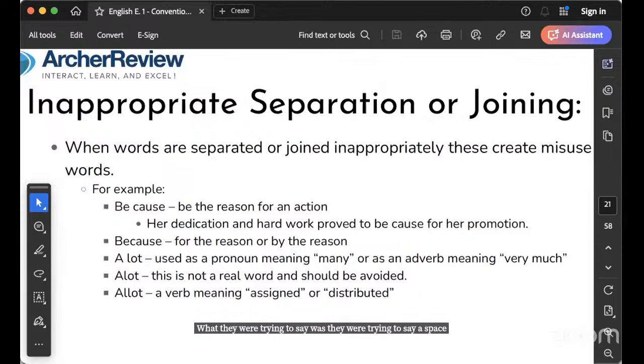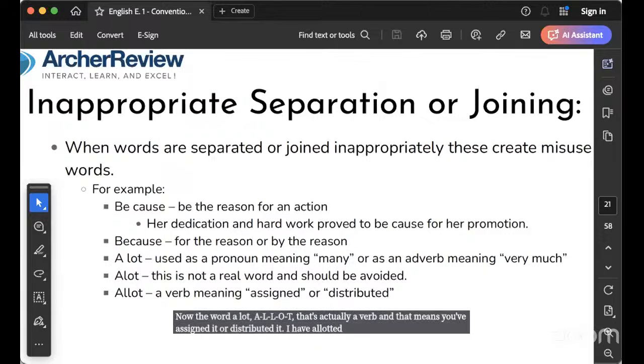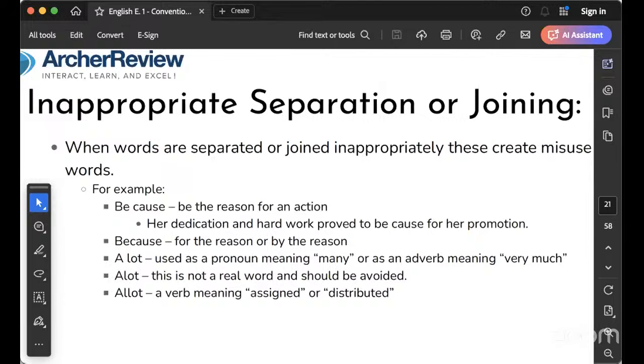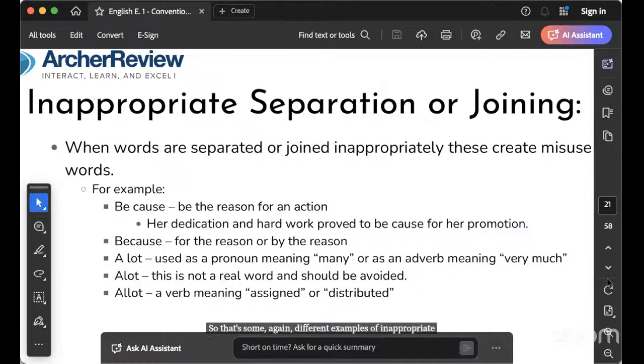Now the word "allot," A-L-L-O-T, that's actually a verb, and that means you've assigned it or distributed. I have allotted enough time to accomplish this task. I have assigned enough time to accomplish this task. So that's some, again, different examples of inappropriate separation or joining.